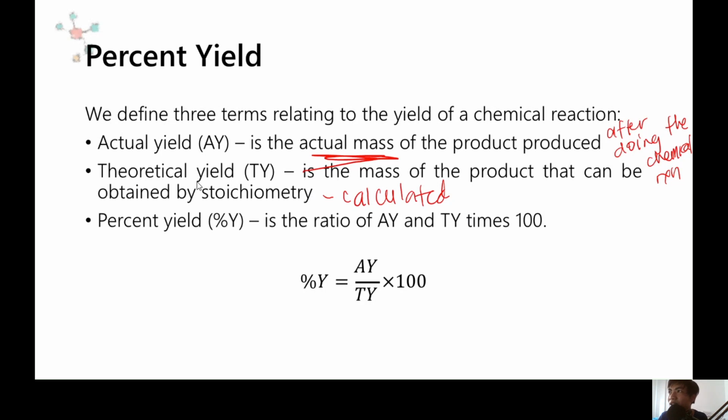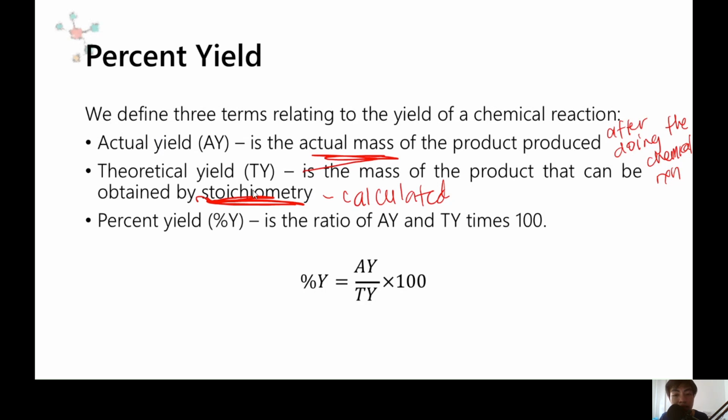Okay? So, sir, paano namin malalaman yung actual yield? Usually, the actual yield is stated. Sabi doon, if I only obtain 10 grams of this from the reaction, what is my percent yield? So, usually given itong actual yield. The theoretical yield, you can calculate it using stoichiometry, yung mga pinagagawa nating limiting and excess reagents kanina.